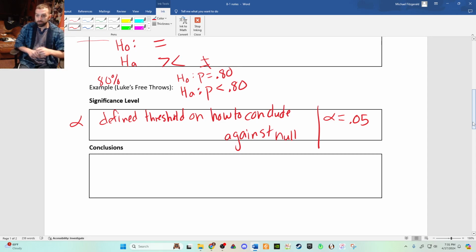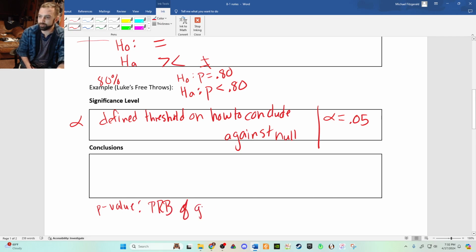So one more thing that we might remember, which is the p-value, which is the probability of getting observed results if the null is true.